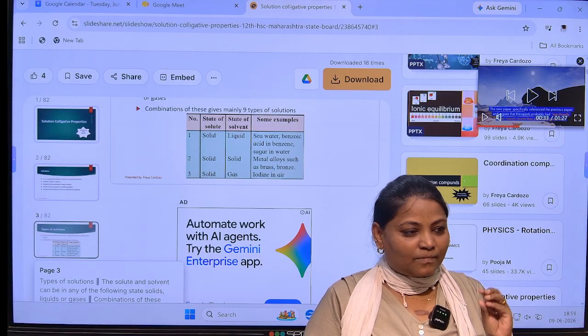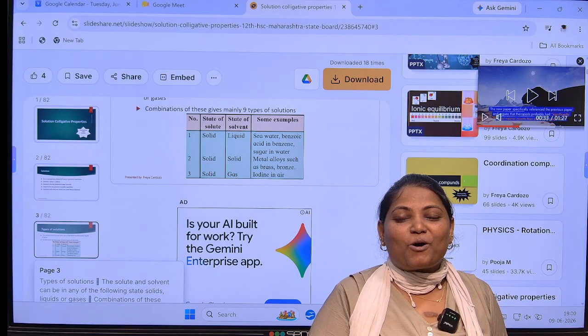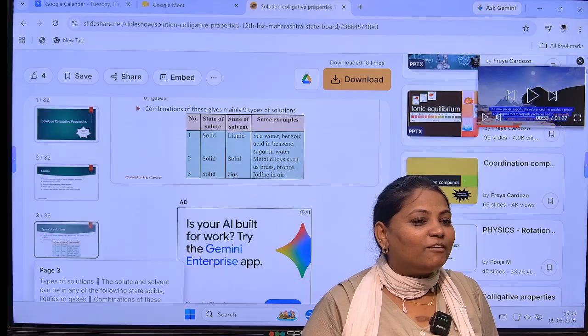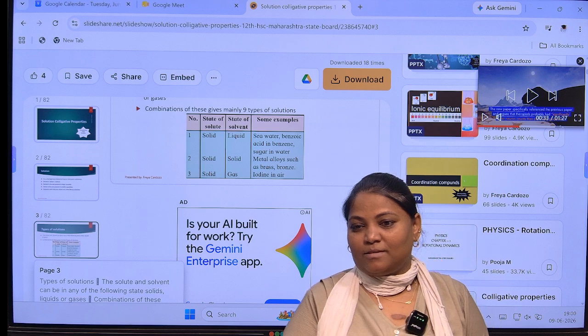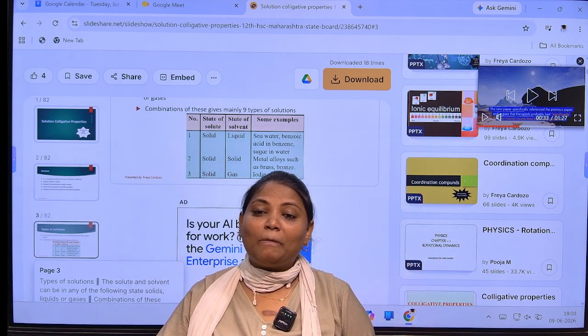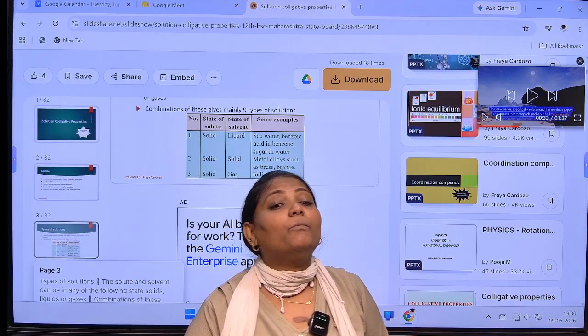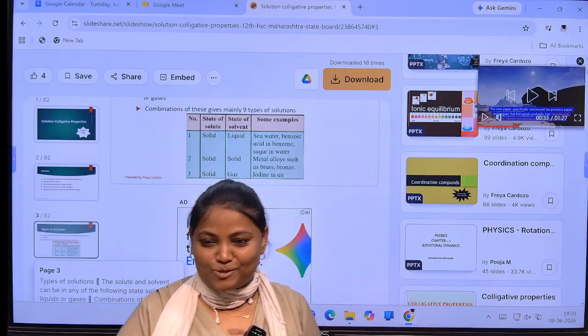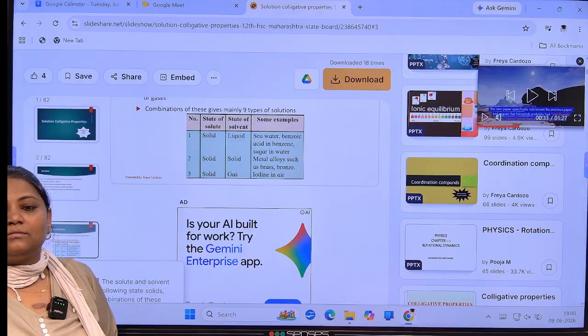Naphthalene balls, and there is a newer name, Odonil, which we keep in the toilet. What happens? Solid state converts directly into gas, sublimation. It is the formation of one type of solution, and we call that solid-gas. Till here any doubt?